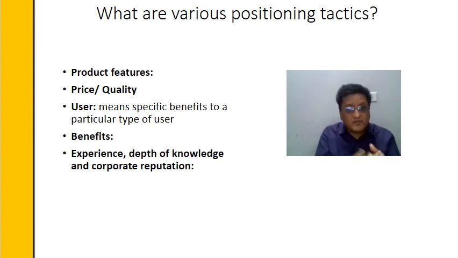You can give specific user benefits, or talk about your processes, like being very ethical. Or you can say, my price is this, but I give you so many additional benefits. Last, I explained experience and depth of knowledge. You try to leverage your own reputation as a seller of the product and say I am the master of this field. So these are various positioning tactics.